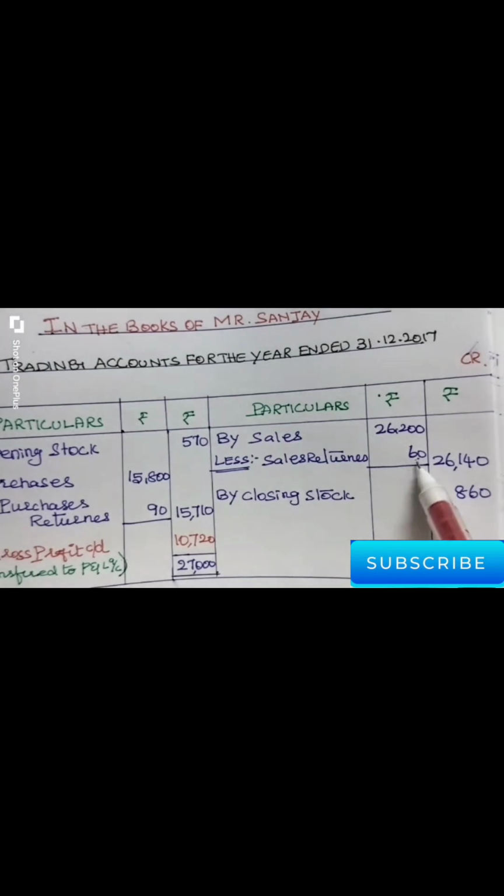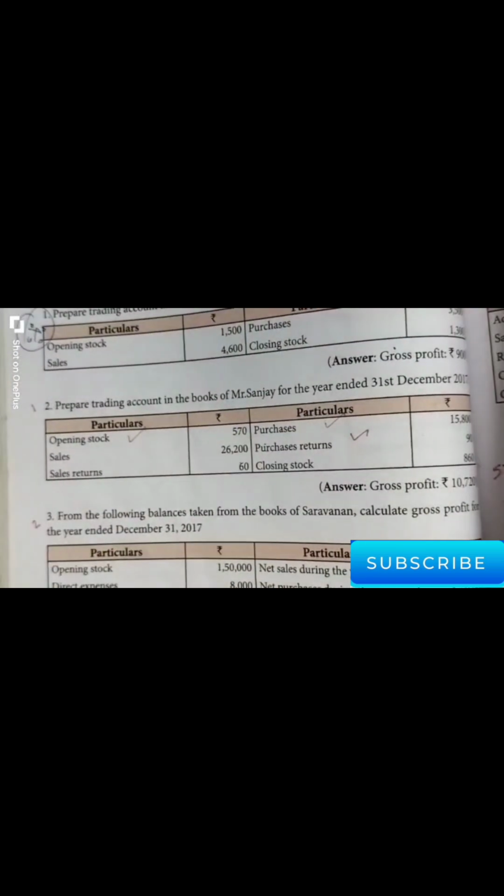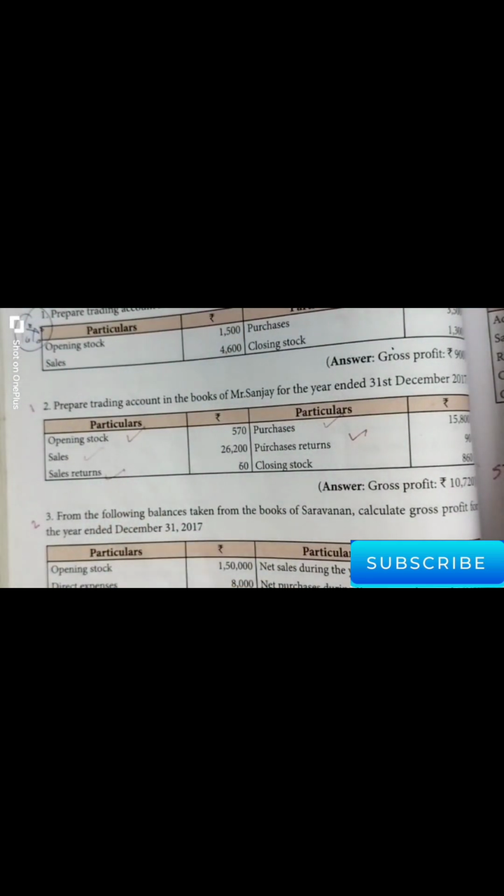Then subtract 60 from 26,200 and you get 26,140. This is the net sales, entered in the outer amount column.